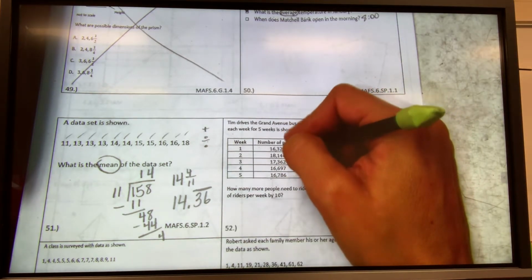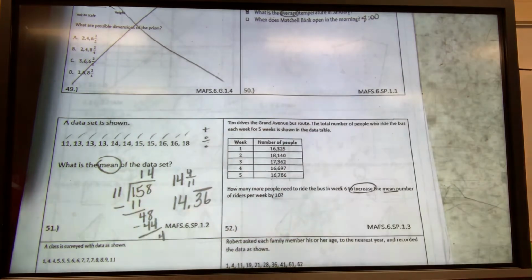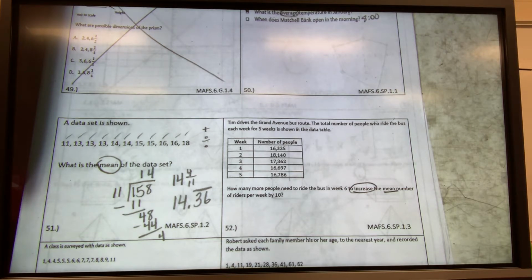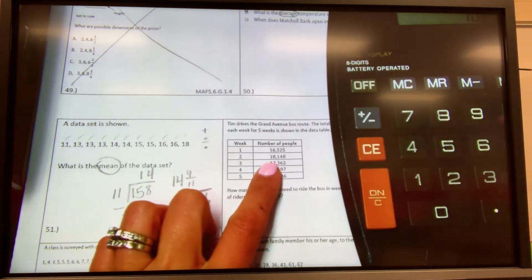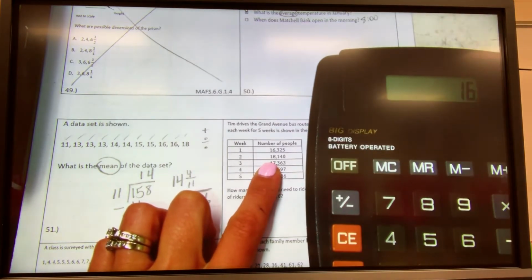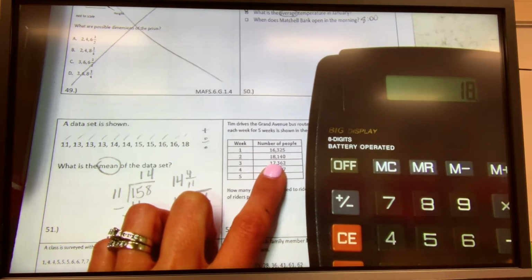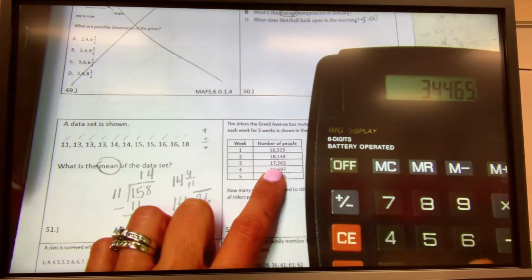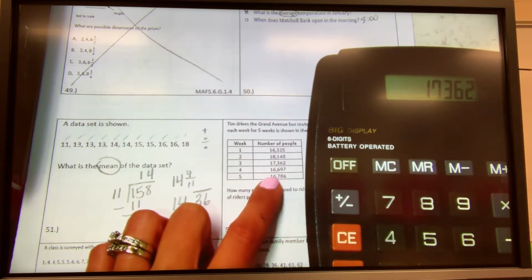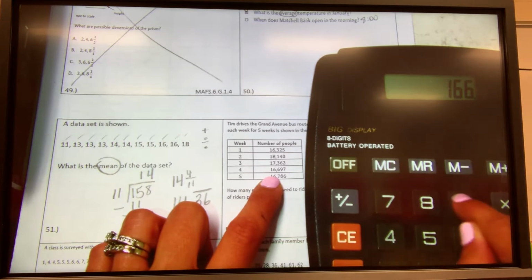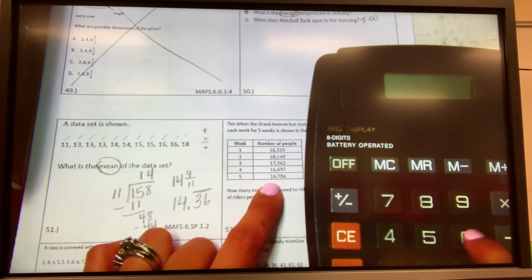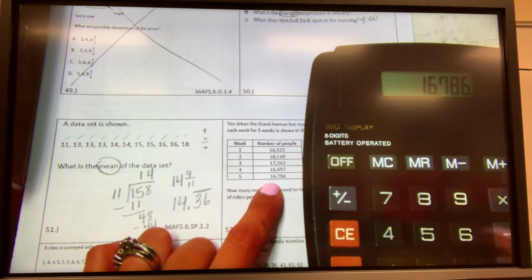If I were to add all these up, let me get my calculator out. I haven't done this one yet. I want to add them up. So we have 16,325 plus 18,140 plus 17,362 plus 16,697 plus 16,786 equals.